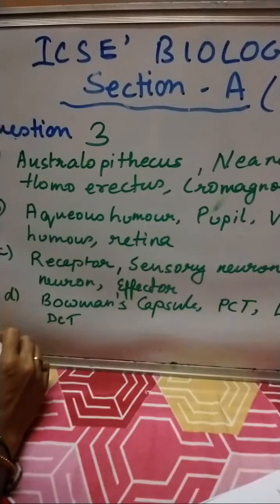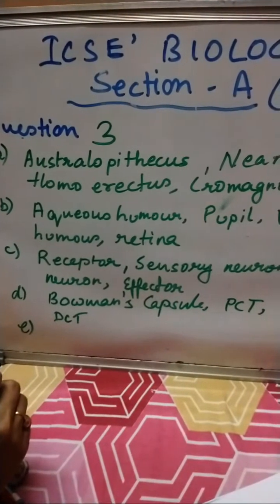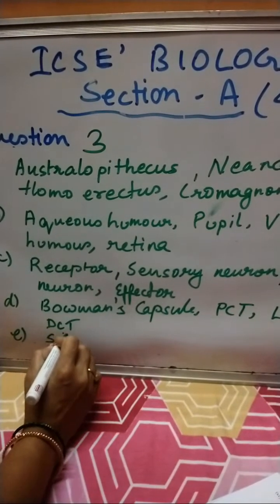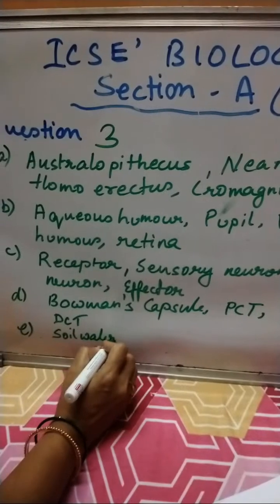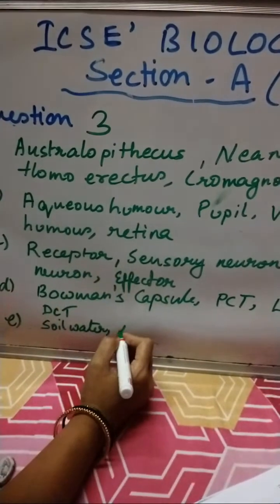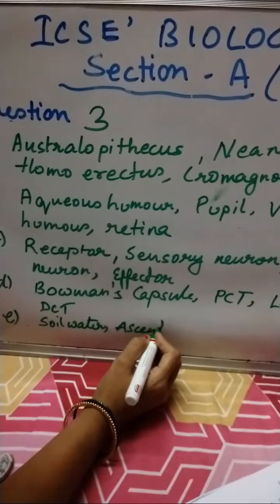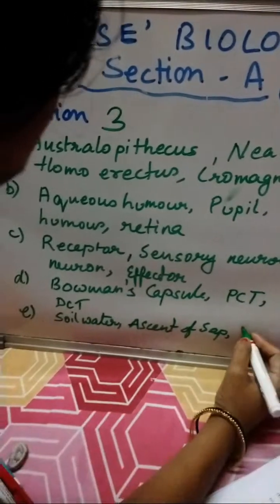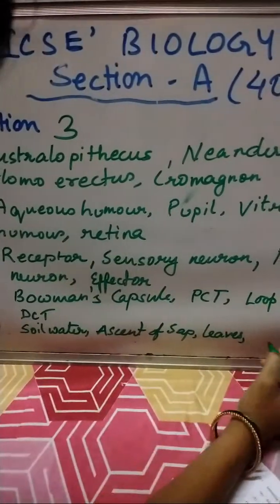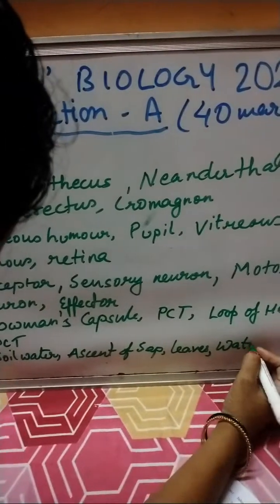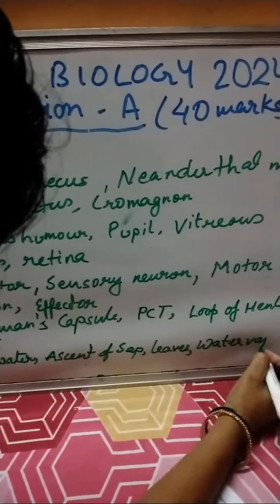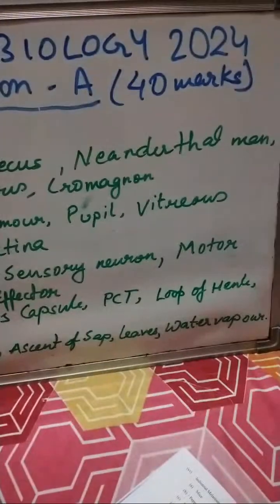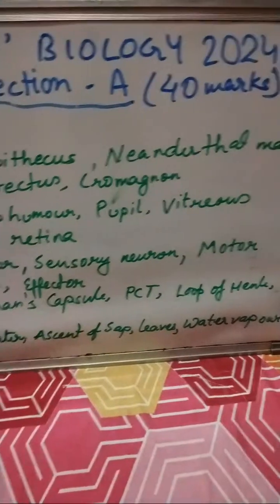With the last one, water vapor, soil water, leaves, ascent of sap. So definitely with the soil water they are starting, then ascent of sap, leaves, and then water vapor. So this was question number 3. All the answers I wrote on the board. You can check it out.